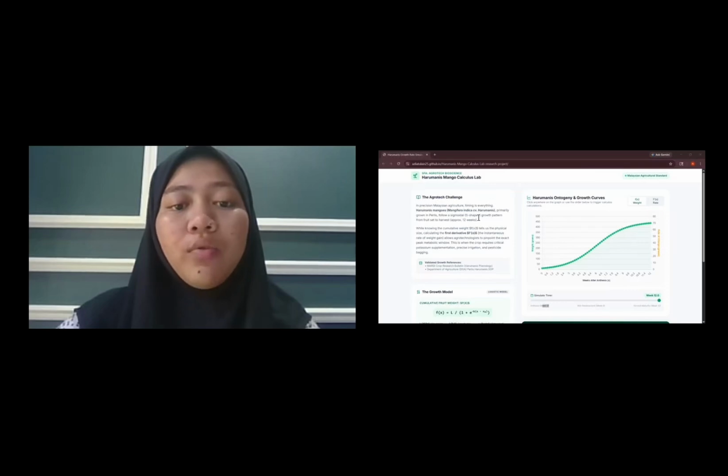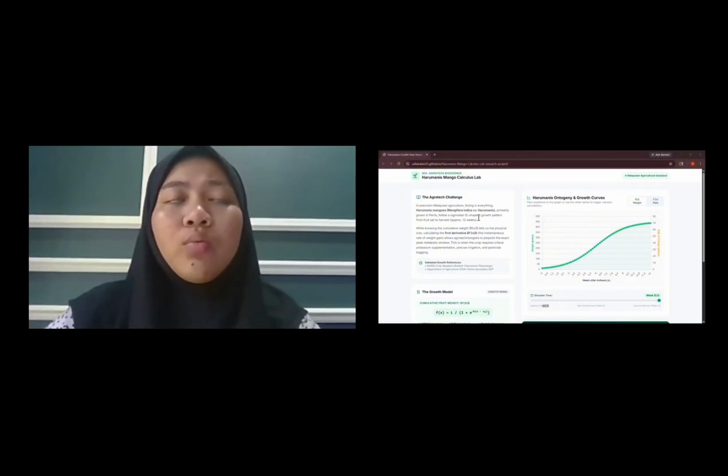The tricky part for farmers is that they cannot guess how fast a mango grows just by looking at the size. Size alone does not tell us the inside speed, so farmers might miss the best time to care for the fruits.